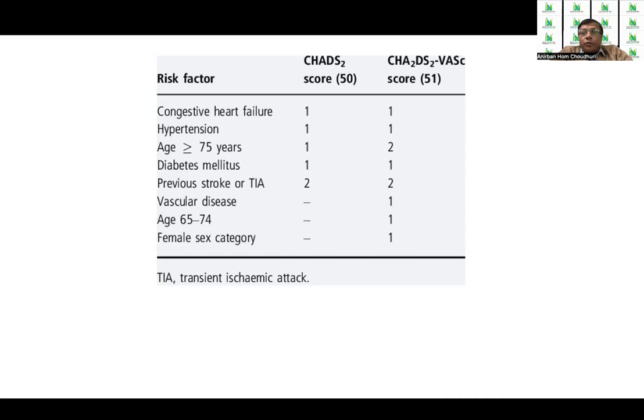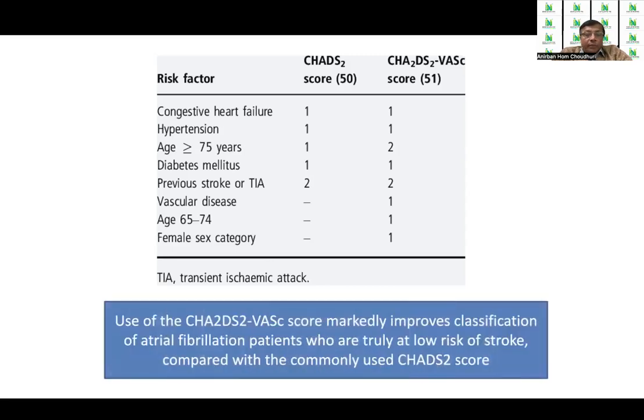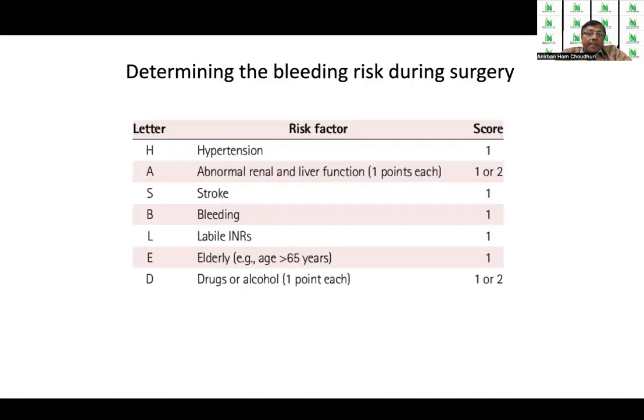So the previous score, which was 6 maximum in CHADS2, becomes 10 maximum with the CHA2DS2-VASc score. And the use of the CHA2DS2-VASc score markedly improves the classification of atrial fibrillation patients who are truly at low risk of stroke compared with the commonly used CHADS2 score, because it gives those additional points which may actually be missed out in the CHADS2 score.